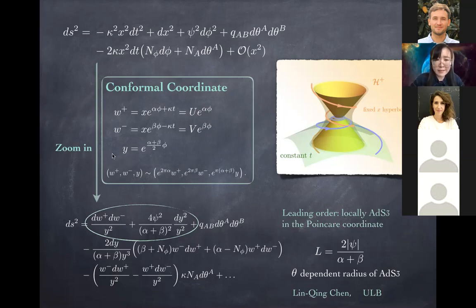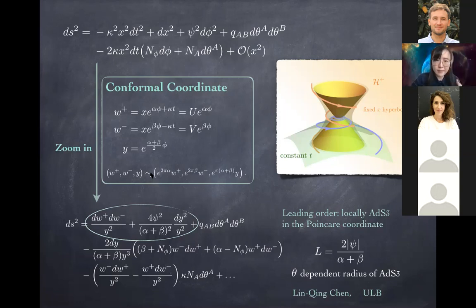And this Y is just the exponential of this angular co-moving coordinate. Because of the periodicity, we have to identify the points around every 2 pi. W plus, minus and Y will have the periodic identification. And this part is the same as the previous work on this periodic identification.